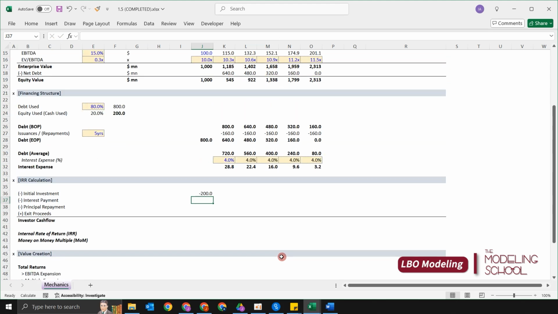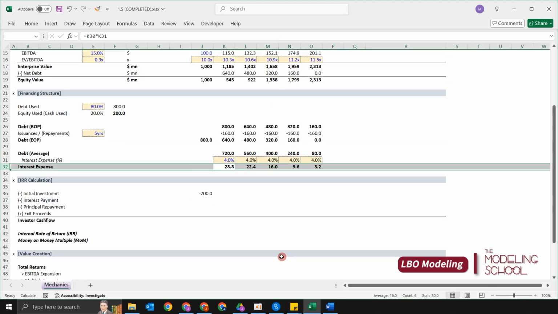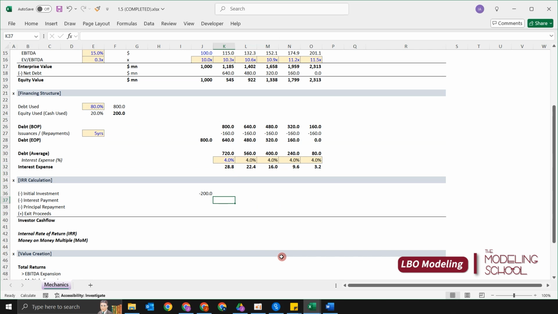Next, interest payment. We have the interest expense numbers here, so a negative sign on the front. Interest payments are also going to be made, as well as the principal payments. We don't need a negative sign because it's already negative.